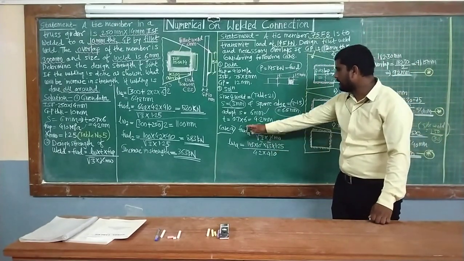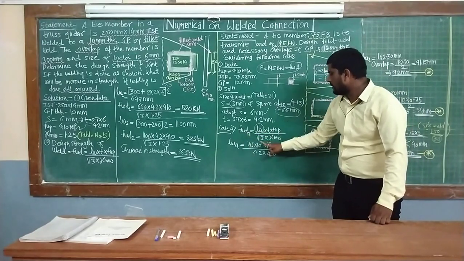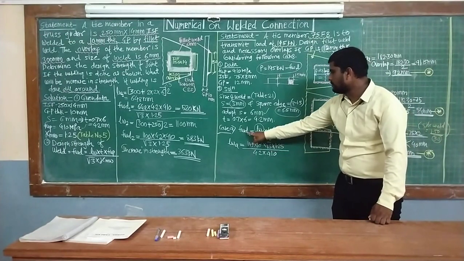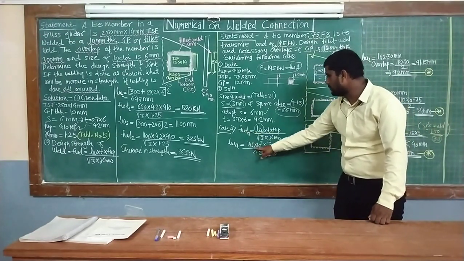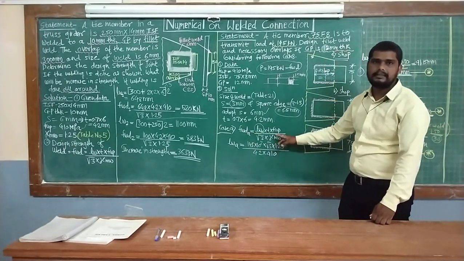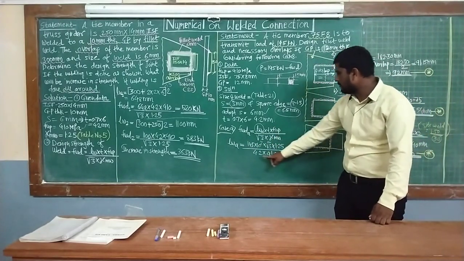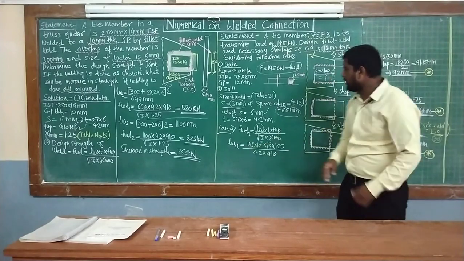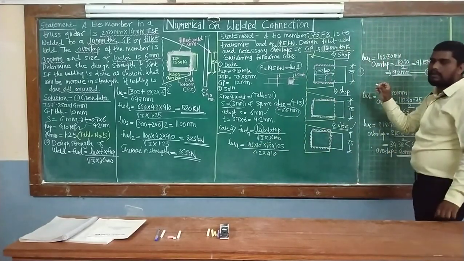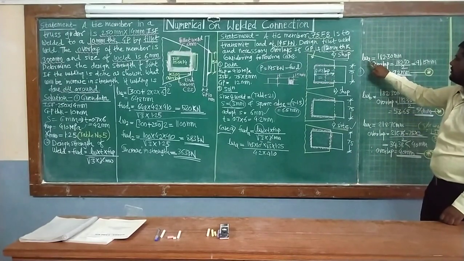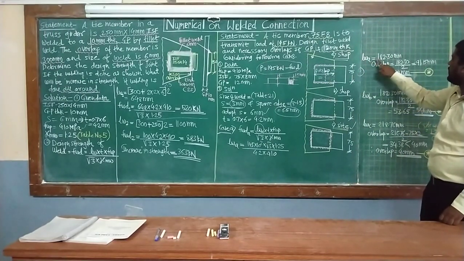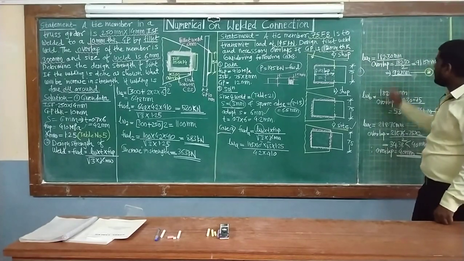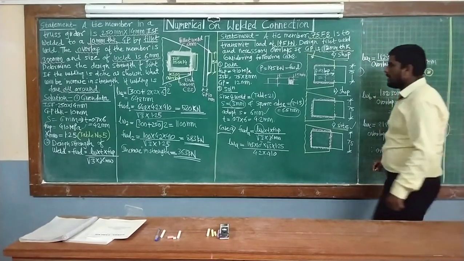We wrote it in the rearranged form as FWDA into root 3 into gamma mW, divided by the throat thickness 4.2 into 410. From that we got the length of weld for this first condition as 182.330 mm.